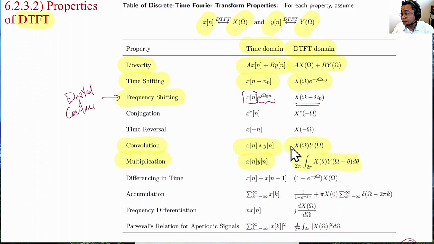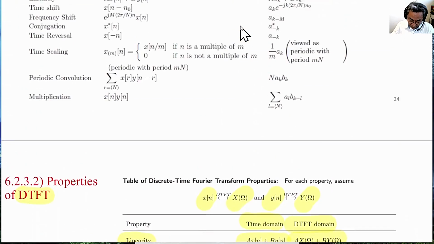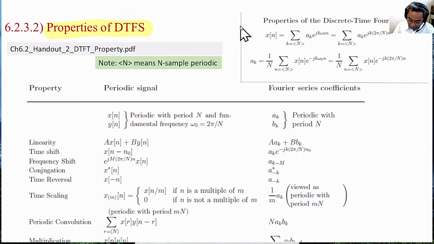And what about the DTFS? Well, the difference between the DTFT and DTFS is x[n] becomes not X(ω), but actually becomes the coefficients of the DTFS. Typically in this book we put c_k, but in some books they put a_k. So here I took a_k's and show you that it is a_k.